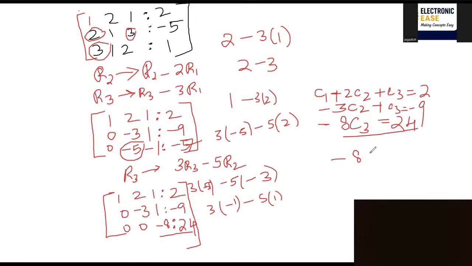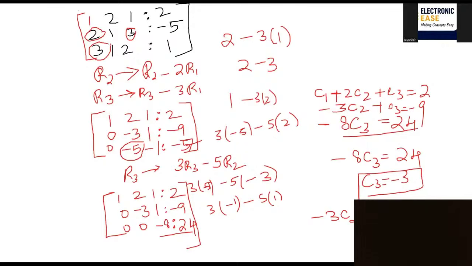Now I have minus 8C3. This equation I can easily solve. So minus 8C3 is equal to 24. So what will I be getting C3 as? C3 I will be getting as minus 3. So put the C3 value over here. If you put the C3 value over here, what will you get as the C2 answer?